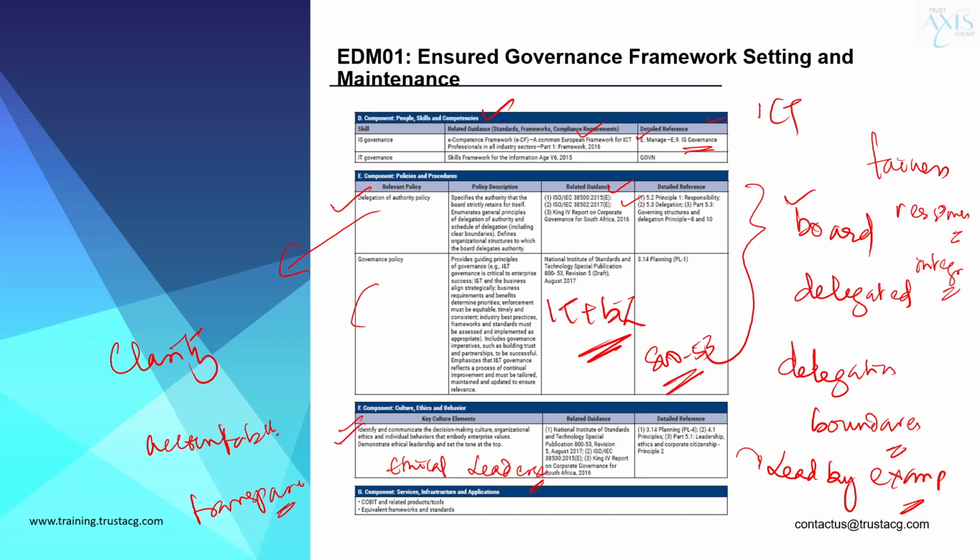And then the last component is around services, infrastructure, and application. Now, every governance framework will require supporting tools and systems to operate effectively. And for the EDM01 governance objective, which is around ensured governance framework setting and maintenance, you should include at least COBIT and related products or tools that would provide structure, guidance, and measurement for implementation of the governance.